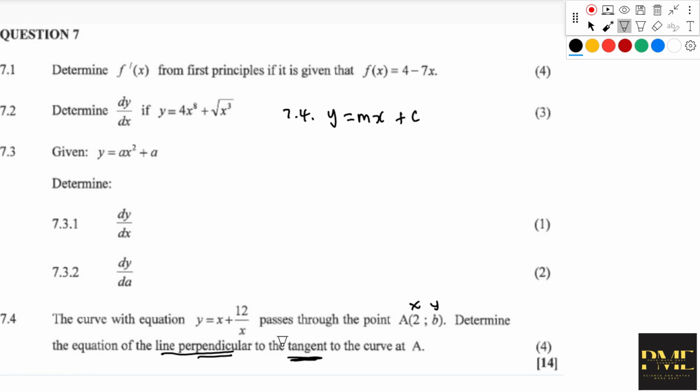So into esidingayo ke in this case ukuze sibe na equation sidinga number 1 i-gradient, number 2 i-value ka c. So to get i-value ka c we need at least one point on this line, it means sobe sesino y sibe no x.